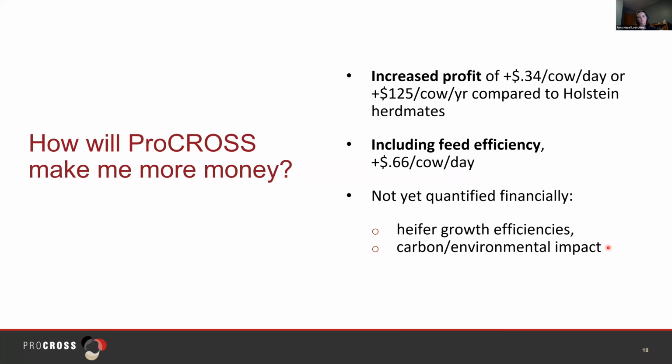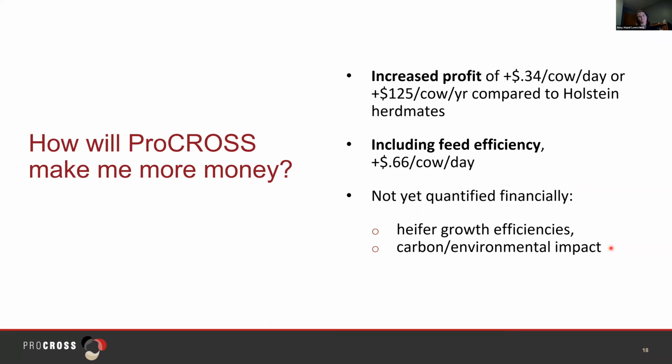And then we're also doing more work on the carbon and environmental impact. That's a really hot topic right now amongst our entire dairy industry, this idea of how can we capture byproducts from manure and use it for renewable natural gas, take advantage of carbon credit trading and all those sorts of topics. There's really opportunities here for ProCROSS to make headway there, because let's face it, manure is a byproduct of the feed you eat.